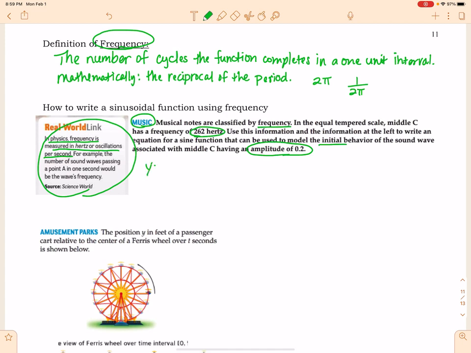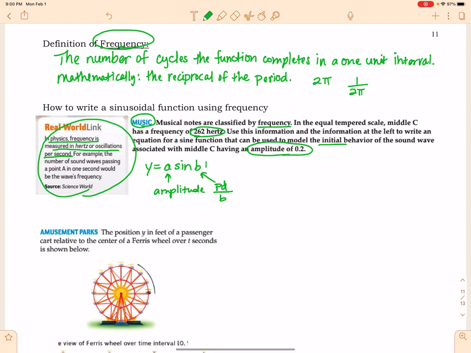We are still writing a sine function, and any number in front of it is going to be considered the amplitude. And any number right after it is going to be dividing the period, okay?